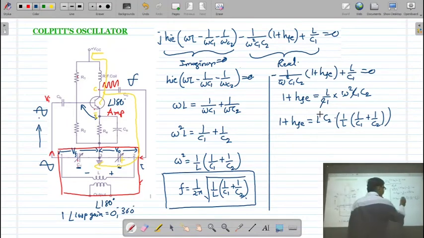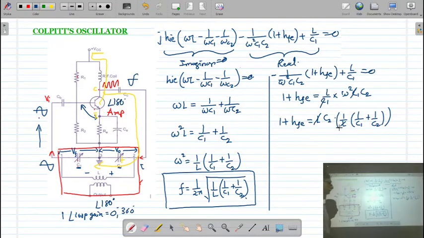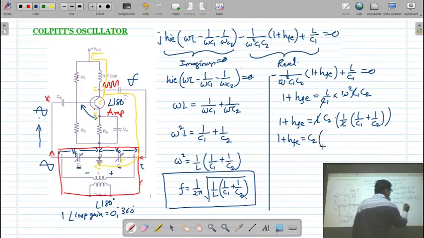And here if you calculate, you can cancel this out. So you will get 1 plus HFE equal to C2 into C2 plus C1 divided by C1 C2. So this C2 will be cancelled, and you have C2 by C1 plus 1.